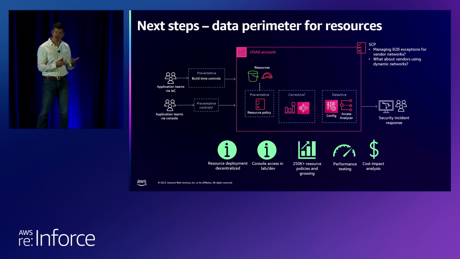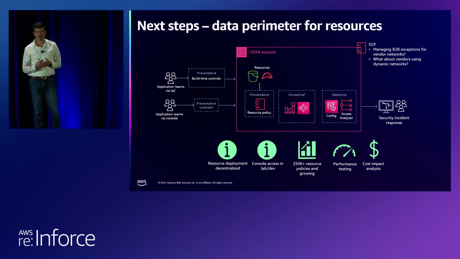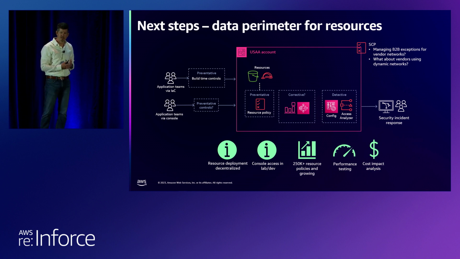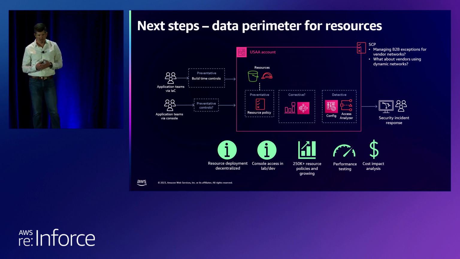If you're enforcing things like infrastructure as code and CI/CD, it's much easier to bake in preventative baseline policies. But if you have console access, either in your non-prod or even prod environments, baking in those preventative policies becomes a lot more challenging.